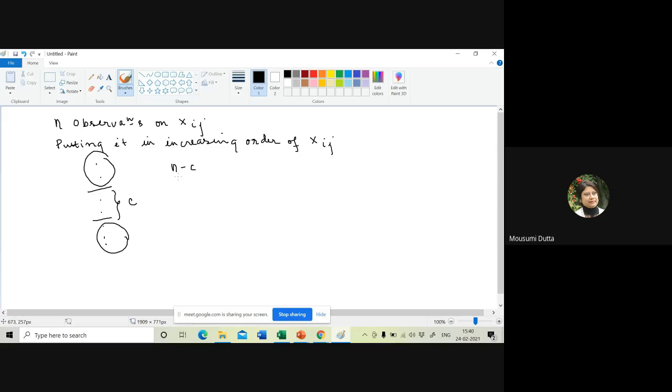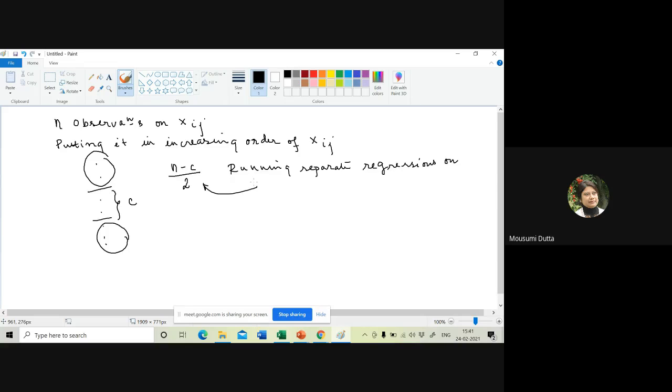So I am considering (n minus C) by 2 observations in each group and running separate regressions on each of these (n minus C) by 2 observations.